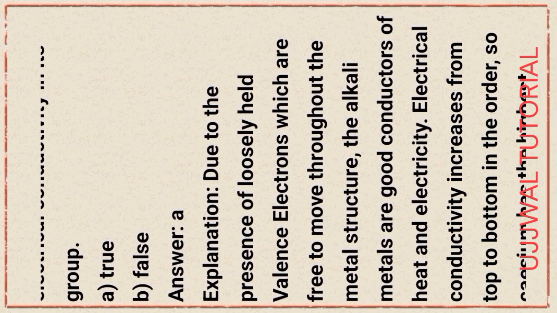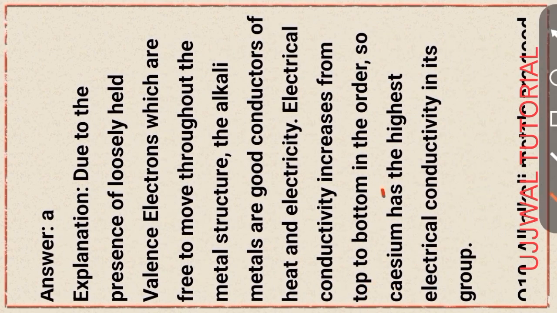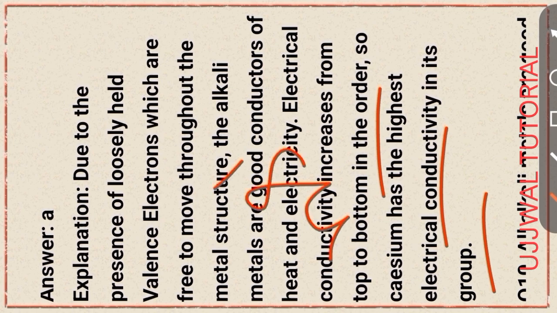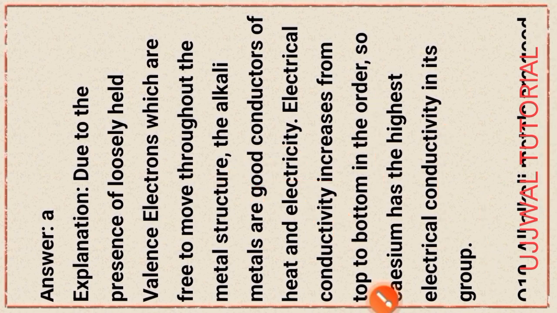Electrical conductivity increases from top to bottom in the group, so cesium has the highest electrical conductivity in its group. Cesium follows the electronic configuration ns1 of the alkali metals.